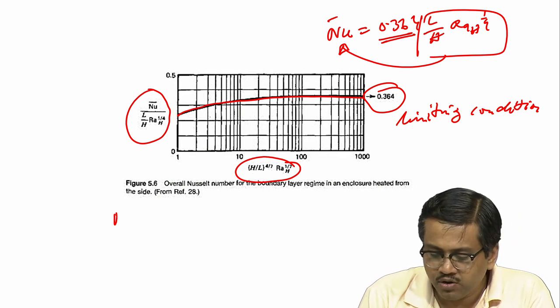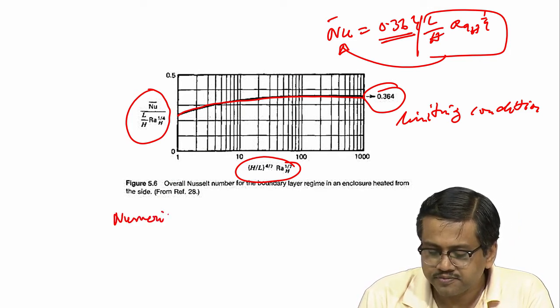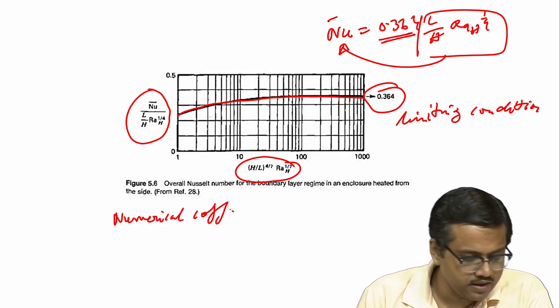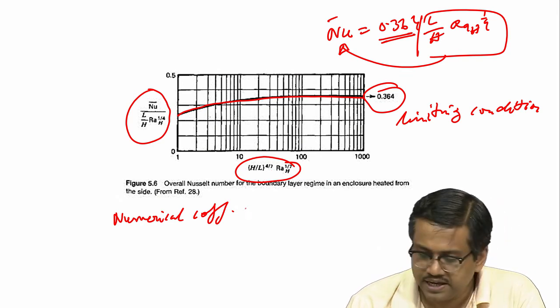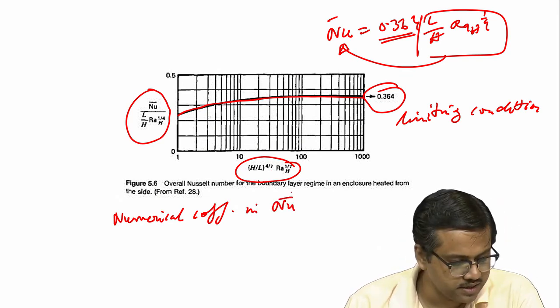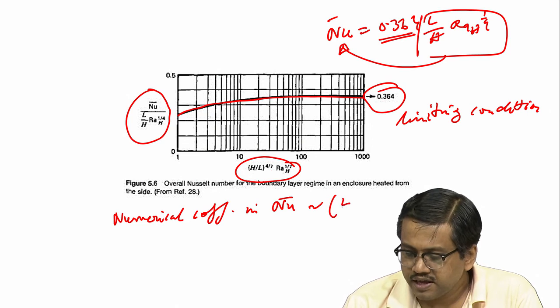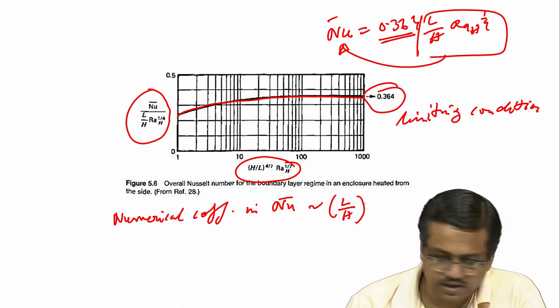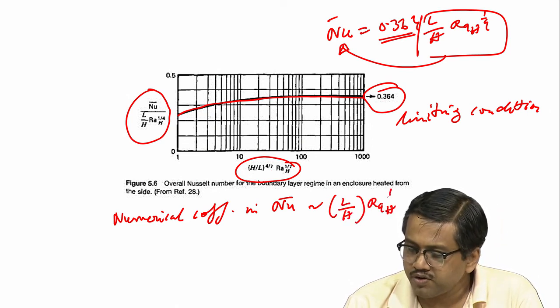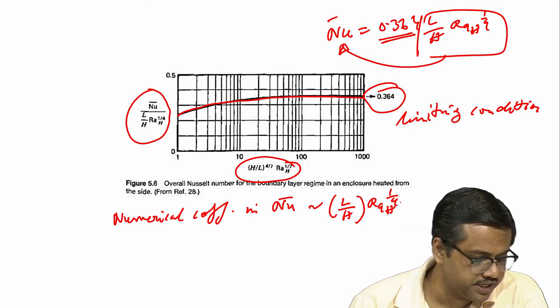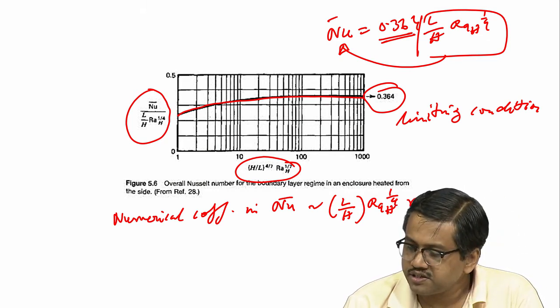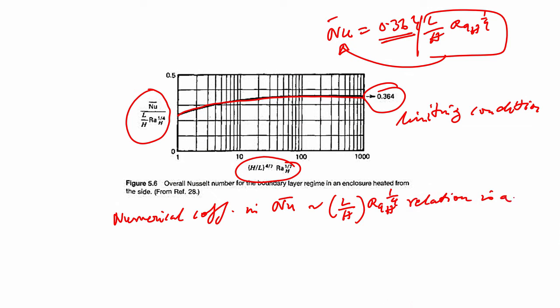So, the numerical coefficient in the Nusselt number bar times L by H, Ra_H to the power of 1/4 relation is no longer one single constant value.